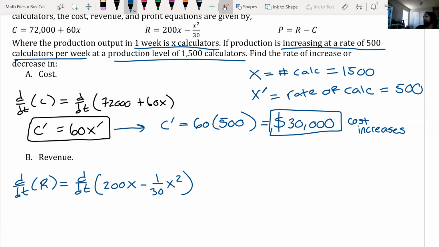They're the same exact thing. Okay. And now let's take the implicit derivative with respect to time. So this means we're just going to get R prime equal to the implicit derivative of 200x, which is 200x prime, minus 1 over 30 times the implicit derivative of x squared, which is 2x x prime.